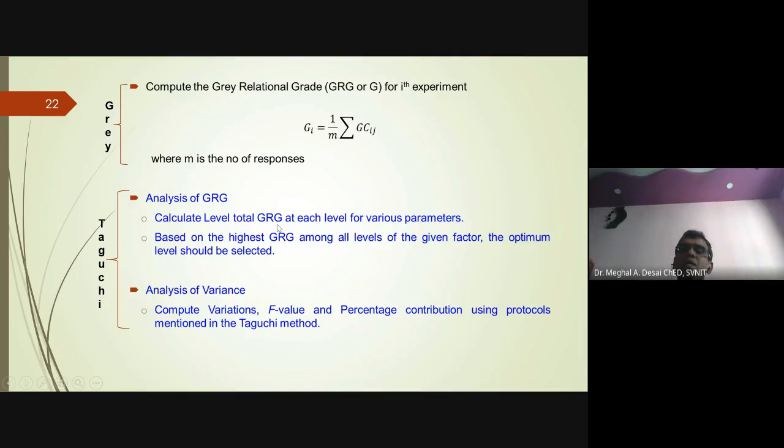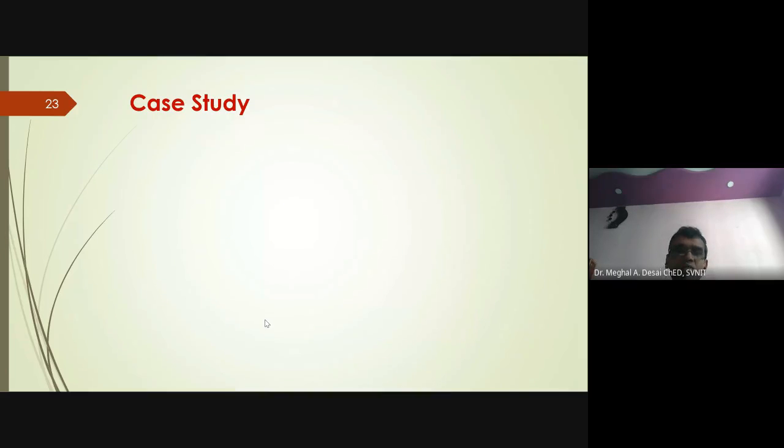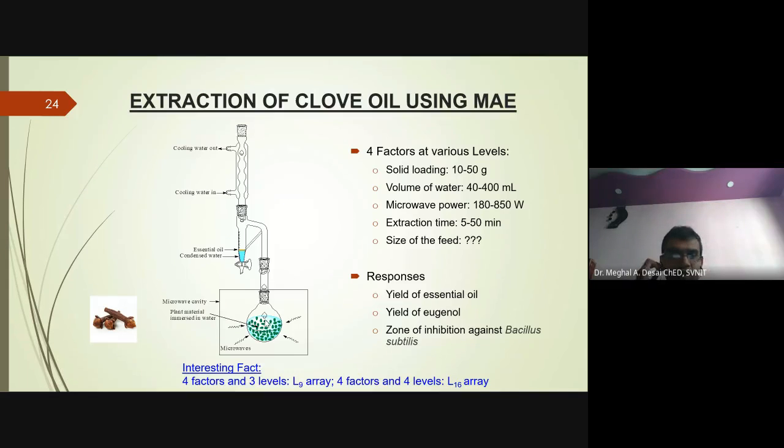That means only values are getting replaced, terms are getting replaced, notations are getting replaced. Instead of signal to noise ratio, we are using gray relational grade. That is the difference. So analysis of GRG and then analysis of variance. So this is how we are combining Taguchi method and gray relational analysis to find the best optimum condition. So how it was done, let us see.